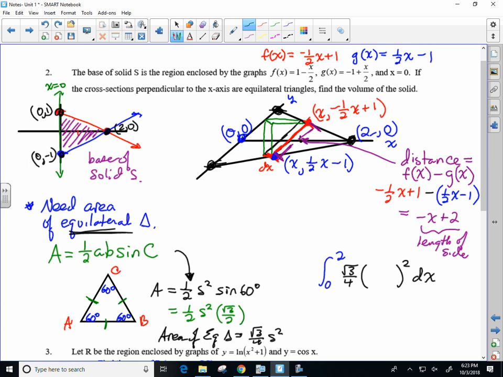The length of a side, again, is negative x plus 2. If you want to make it a little easier to type into the calculator, maybe write it as 2 minus x. These are the same, just switching the order. There's one less operator to write in the calculator.